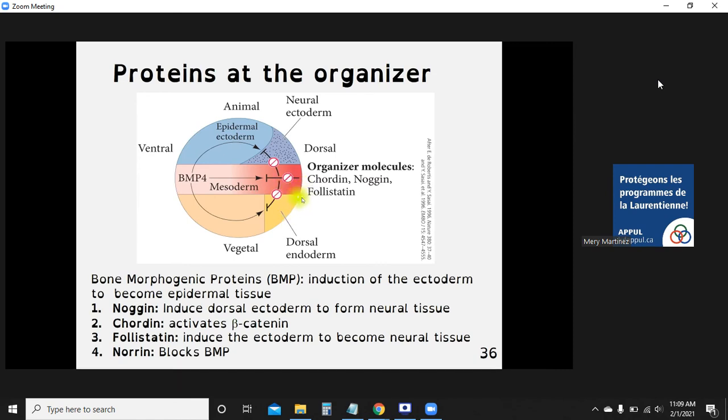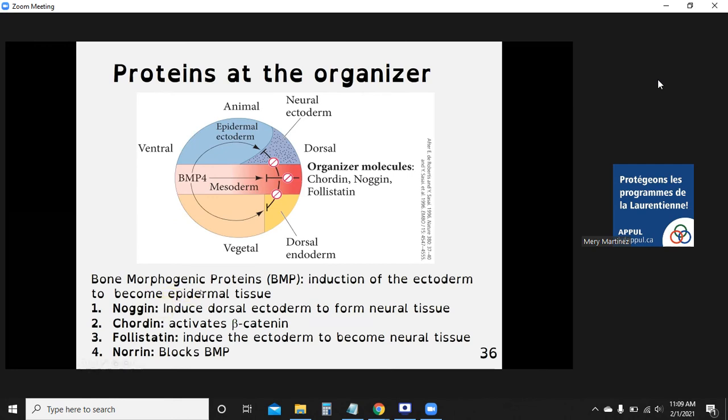Remember, it's in this section that the cells are invaginating and migrating. Okay, so we need to block that in that section. So there are three major inhibitors, and they are the ones that we have in here. So the first one is noggin.